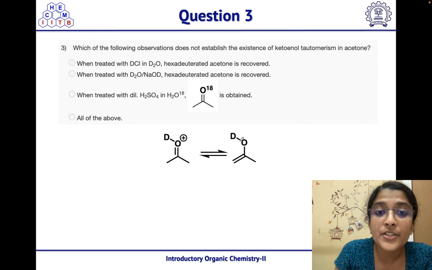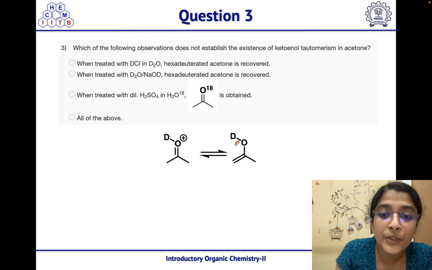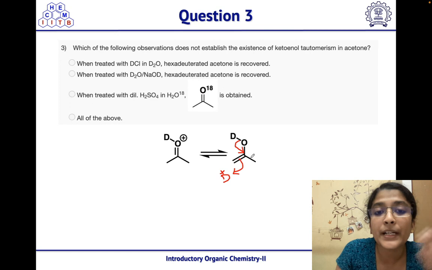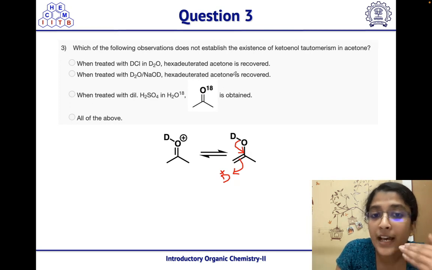When this falls back, according to the arrow pushing mechanism, here instead of water there is D2O. So instead of abstracting a proton, it will abstract D plus. If this repeats multiple times, hexadeuterated acetone can be recovered from the system. So this option can establish the existence of keto-enol tautomerism in acetone.